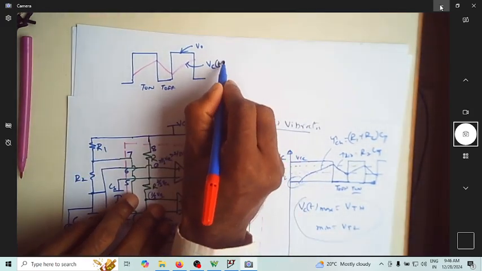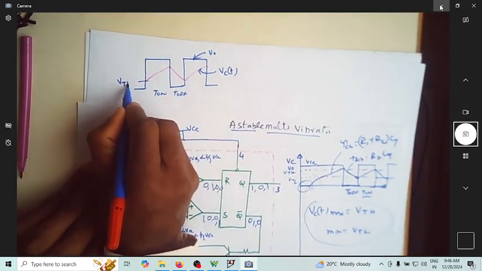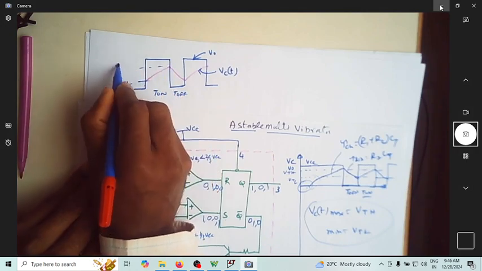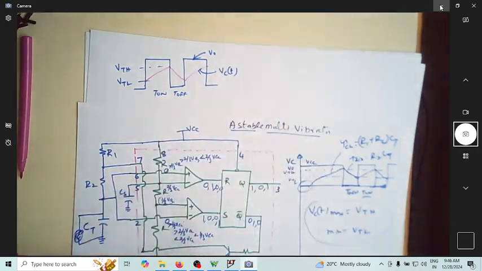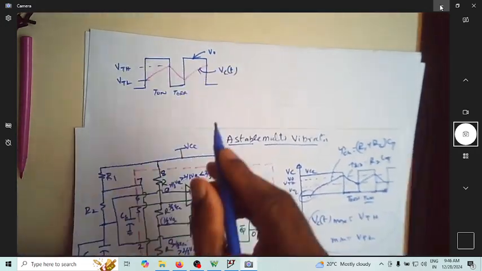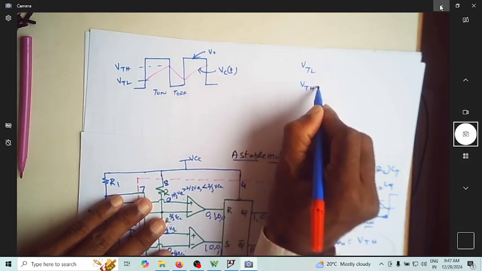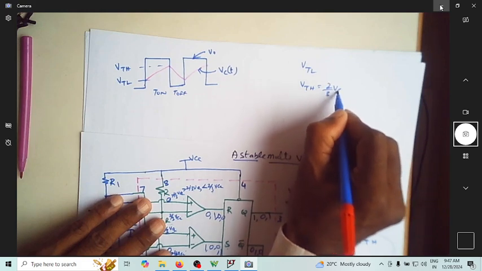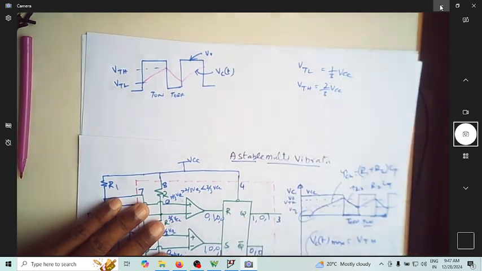So we see VC of t. Now we know that this is VTL and this is VTH. VTH in this case is 2/3 VCC and VTL is 1/3 VCC.